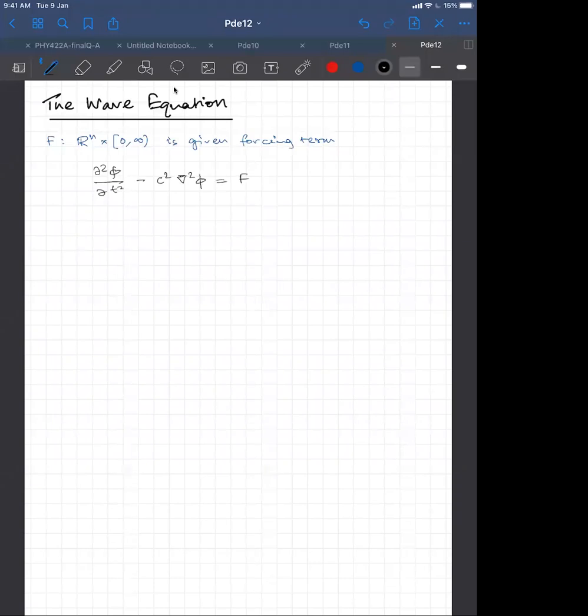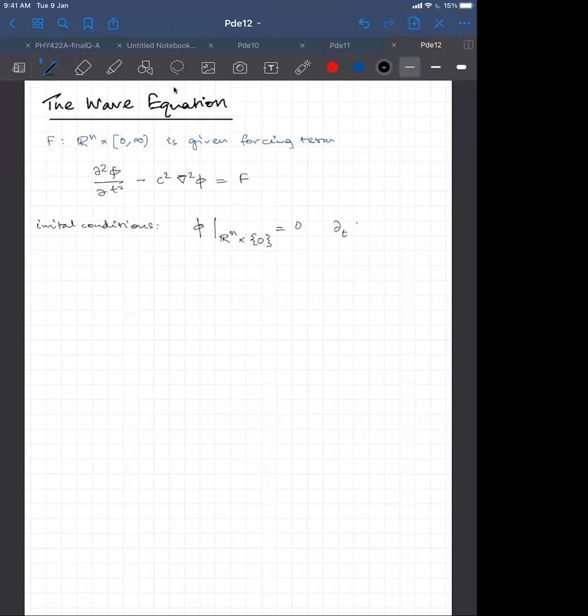Now we are going to be subjecting this to initial conditions. So phi at the initial time slice is equal to 0.